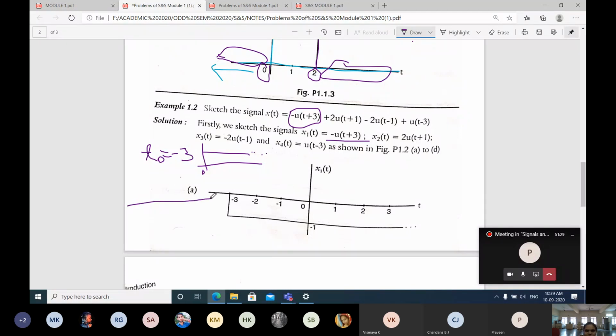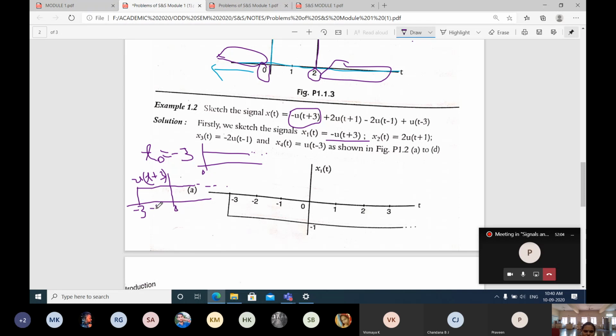Means the signal is going to start from minus 3. It is shifting towards the left and it goes on continuing till infinity. This is your t plus 3 signal of the u of t function.